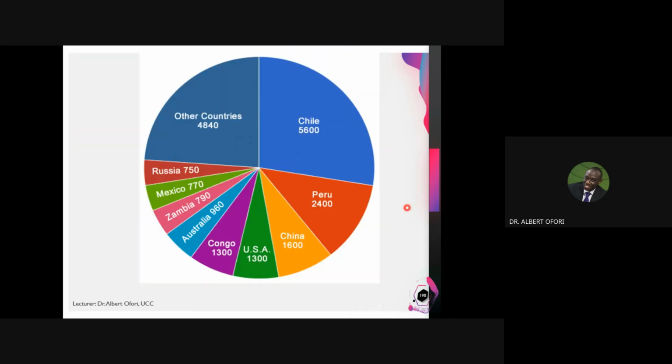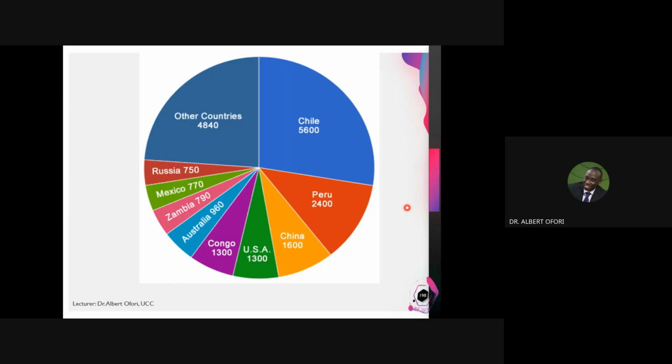For example, Chile has the highest deposit of copper, followed by Peru, and China itself also has deposits. The US also has that. Of course, some deposits in Russia and other countries put together.